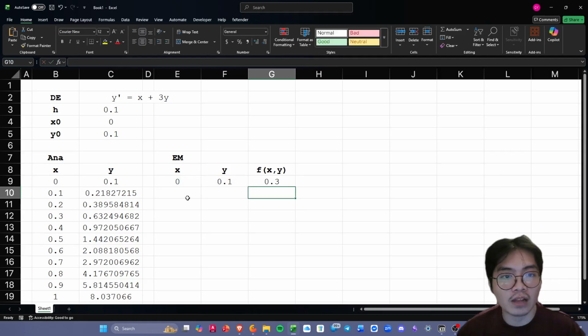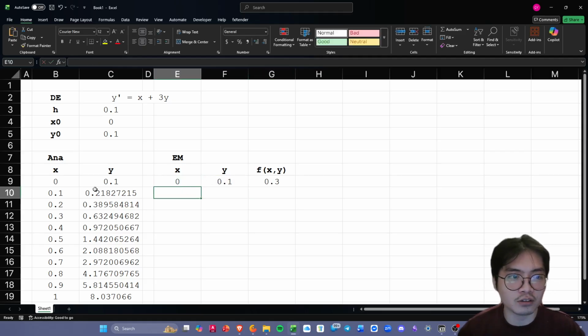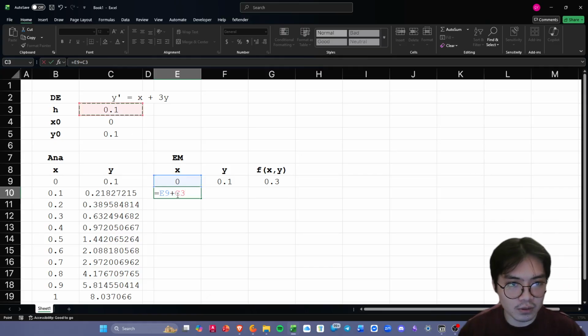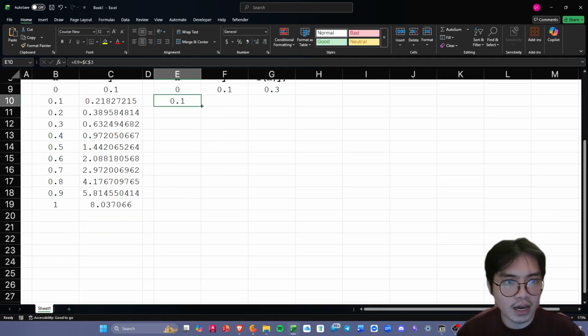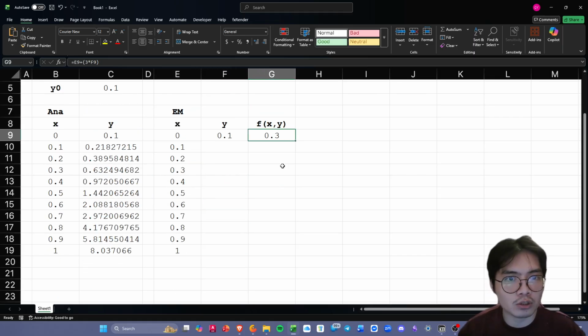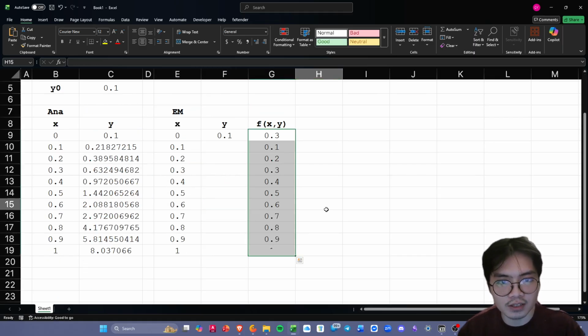Your x will continue in this fashion. We'll have this plus this value, and then we will lock those values right there, and then drag these values down.